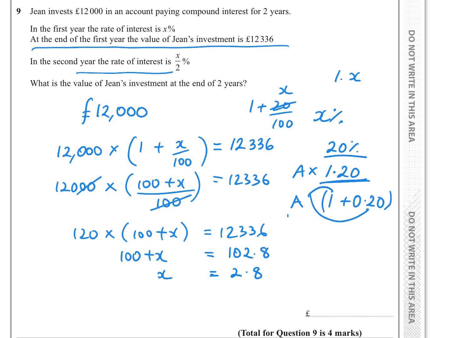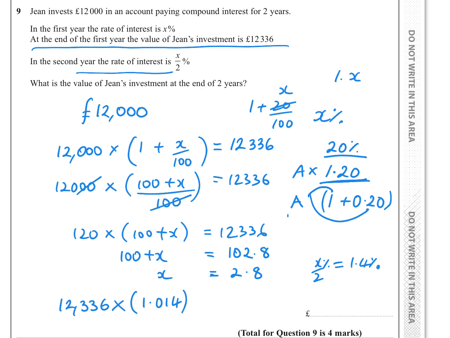So what you can do now is, in the second year the rate of interest is x over 2%, so you can just say that for the second year you start with what you had at the end of the first year and just times it by, well, think x over 2 will be 1.4%, because it's percent here. So what would that be? That would be 1.014, wouldn't it? 1.14 would be 14%, don't forget, we want 1.4%.